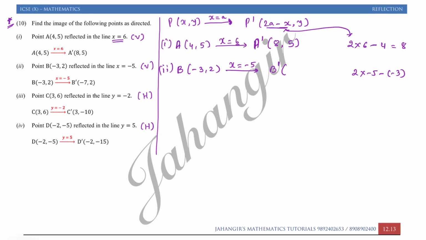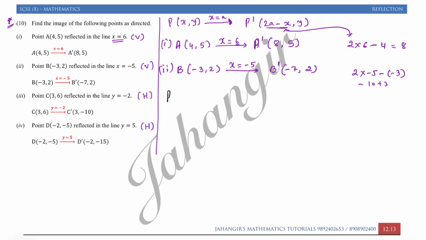So it becomes minus 10 plus 3, that is minus 7, comma, y coordinate will remain the same. This was when a point is reflected in any axis which is vertical, that is parallel to y-axis or perpendicular to x-axis.